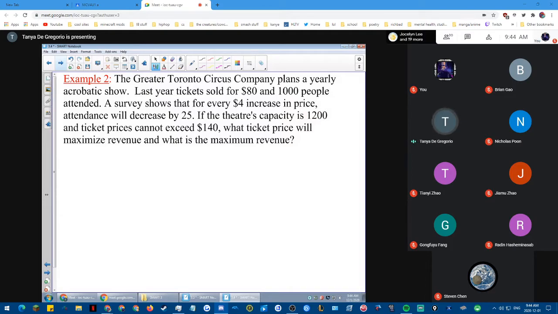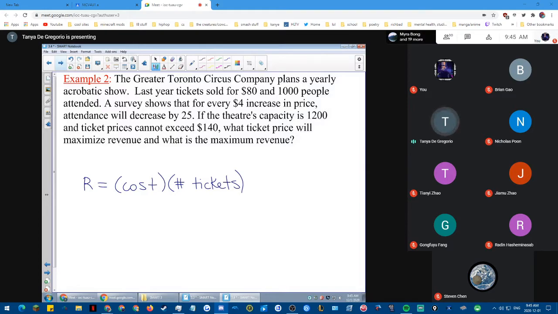Yeah, true. So for revenue, I know it's equal to the price of the ticket times the number of tickets. Well, we've got a situation here, yes? We don't know what the ticket price is.